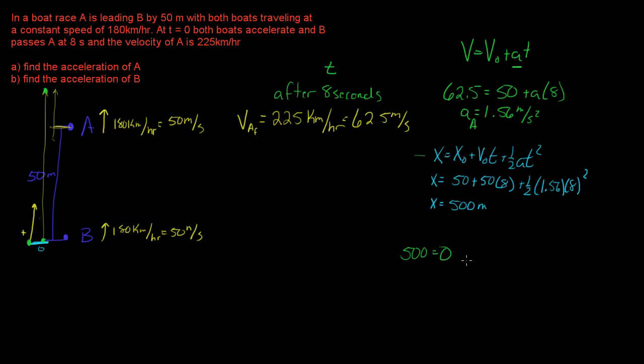So 500 equals 0 plus its initial velocity, which is 62.5, times the time it takes, which is 8 seconds, plus 1/2 acceleration times time squared. And we can go ahead and solve for a, and we get a is equal to 3.12 meters per second squared.